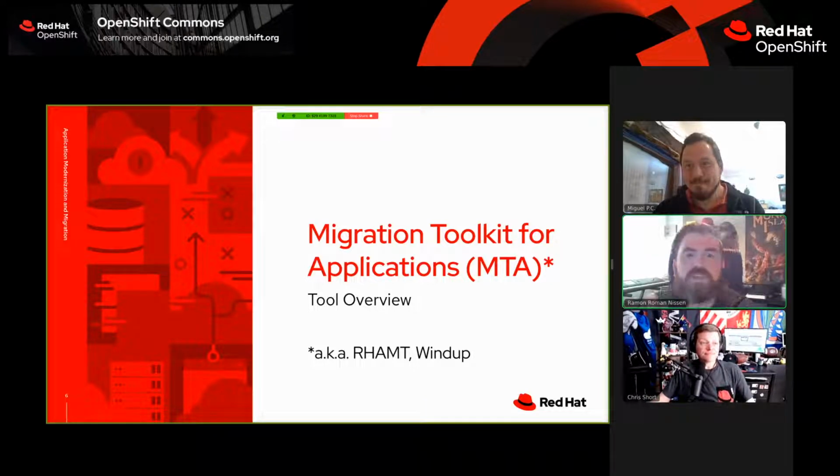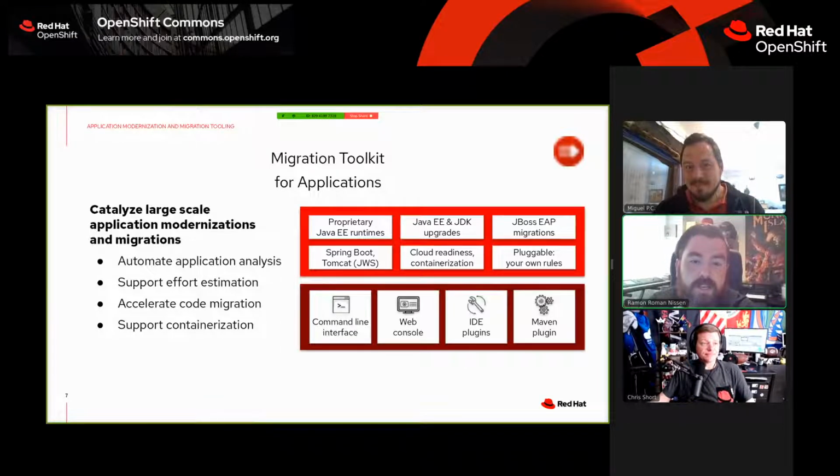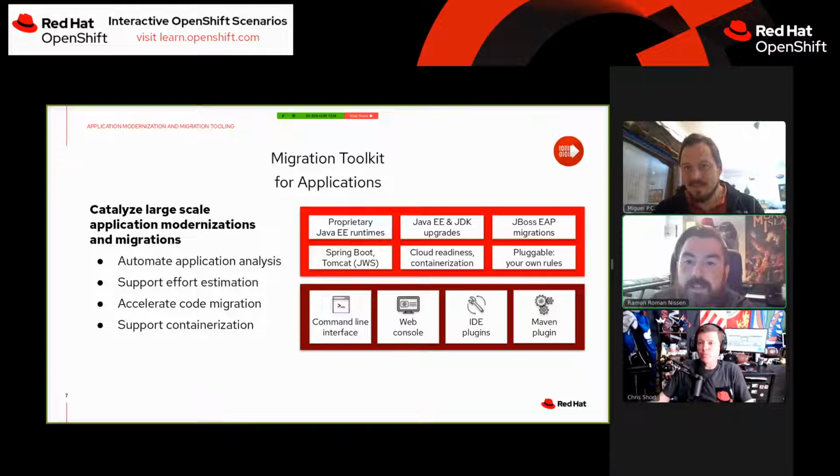So what is it? It is an automated application analysis tool. The idea is to be able to analyze both binaries and source code from applications. What it does is that it lets you know the gap between a source technology, for example, WebSphere or WebLogic, or even older versions of EAP, and the target technology, which usually is EAP 7, but there can be other cases. And it determines the effort you will have to invest in order to migrate the application.